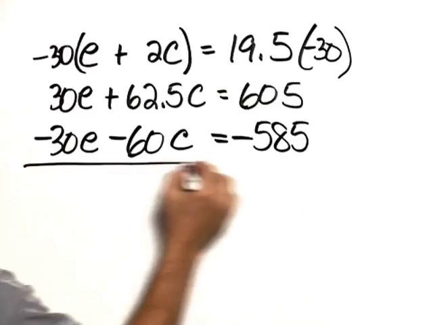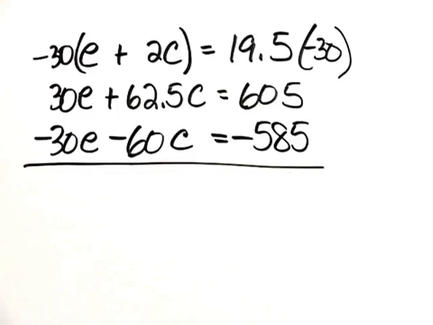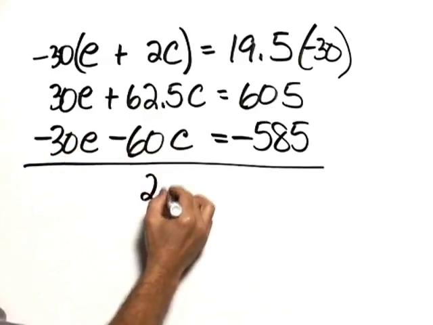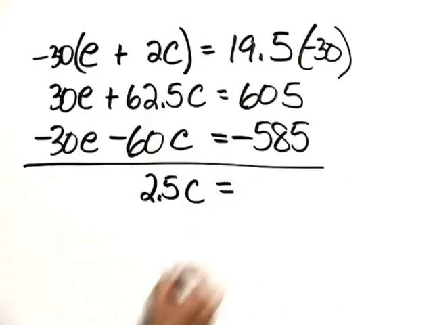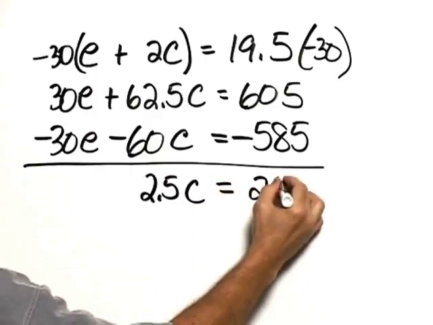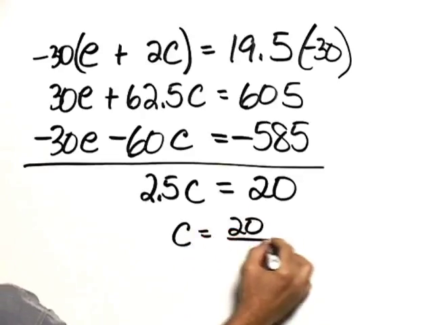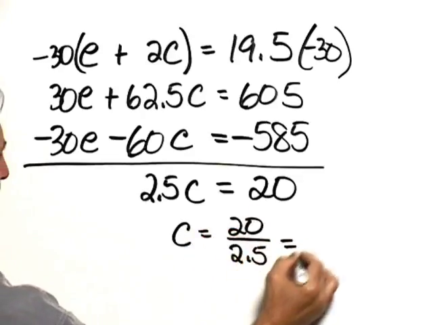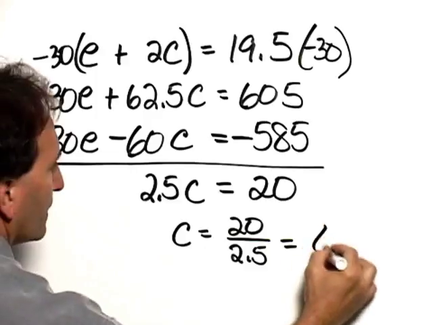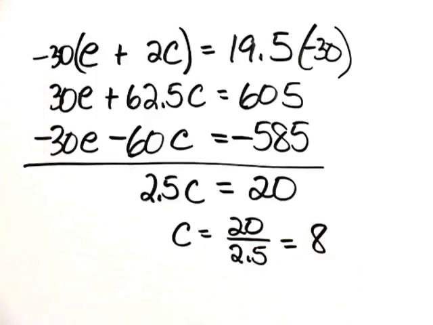We now combine those two equations together by addition. The E is eliminated. Here we have 2.5C, and that's equal to 20. Dividing both sides by 2.5 gives us a value of C of 8.